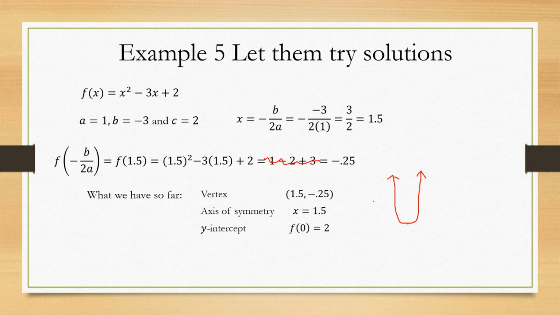So this is the vertex. Since it's opening upward, the range is going to be from minus 0.25. And now it's got to either go up or down for the range. Since the graph is going up, you're going up to infinity. And that's how you get the range.